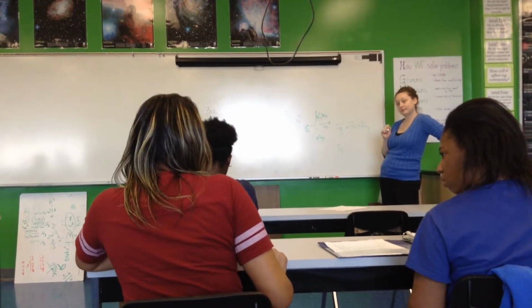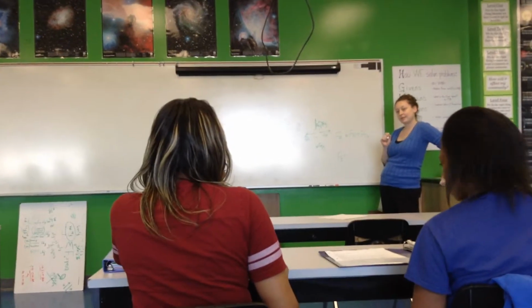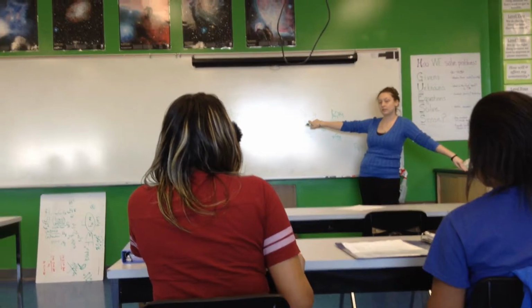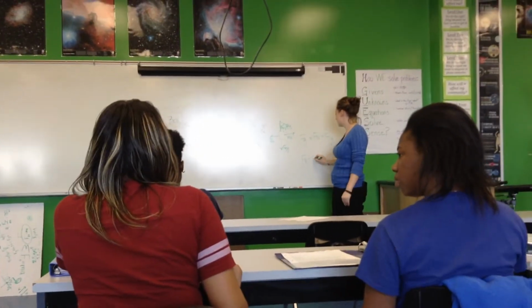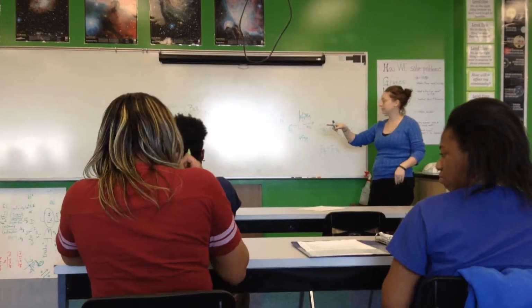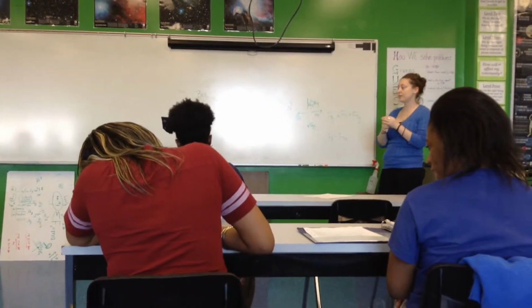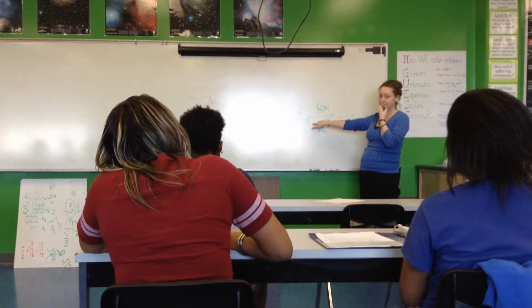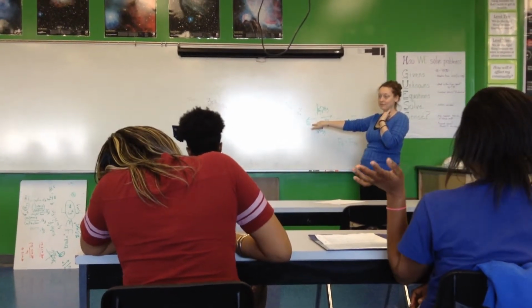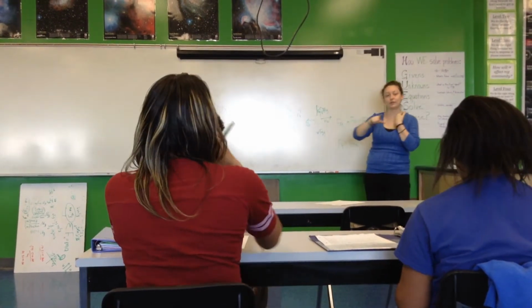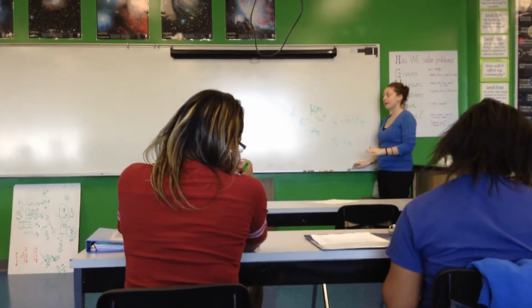FF equals FT. Why? To balance it. That means what about these two arrows? They have the same magnitude. Good word. Very good.